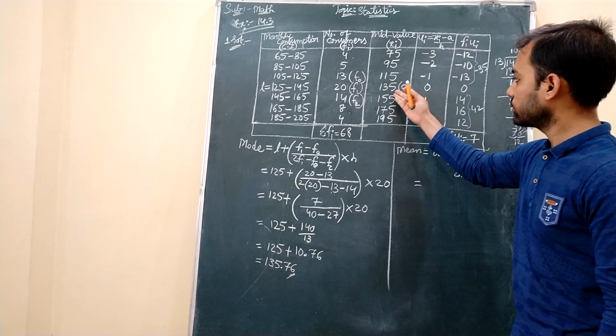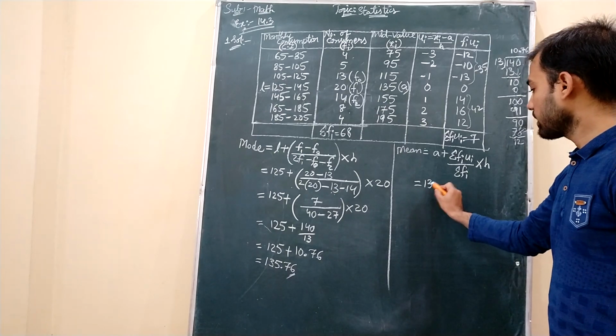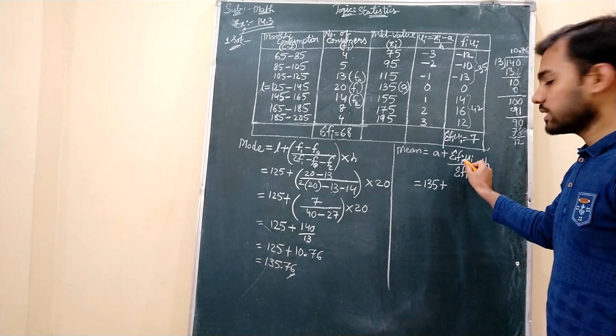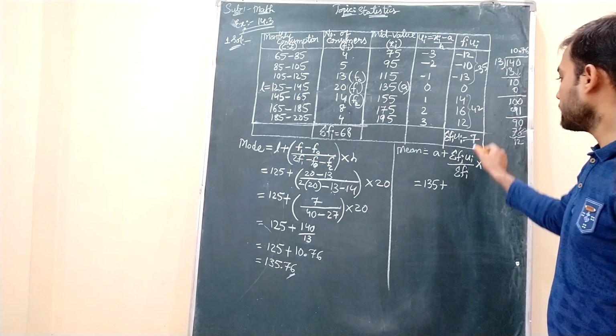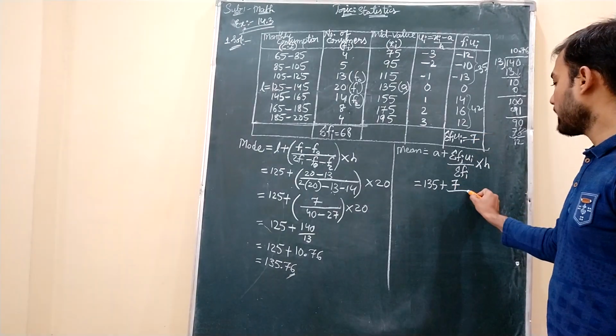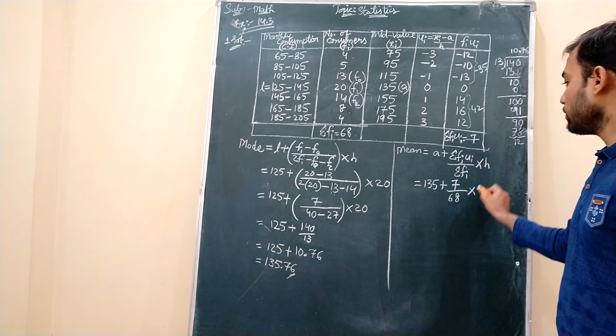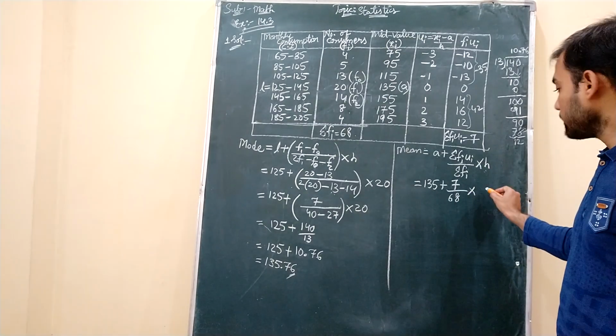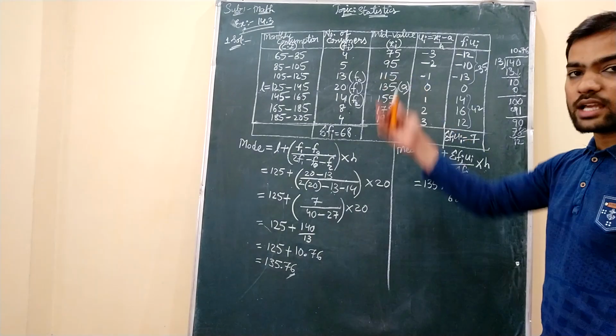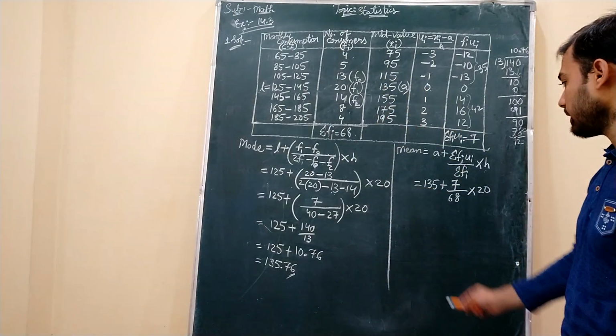A value is 135 plus sigma Fi ui is 7 divided by sigma Fi is 68 into h. H value is 20. Same size of the class interval, any class you can take.